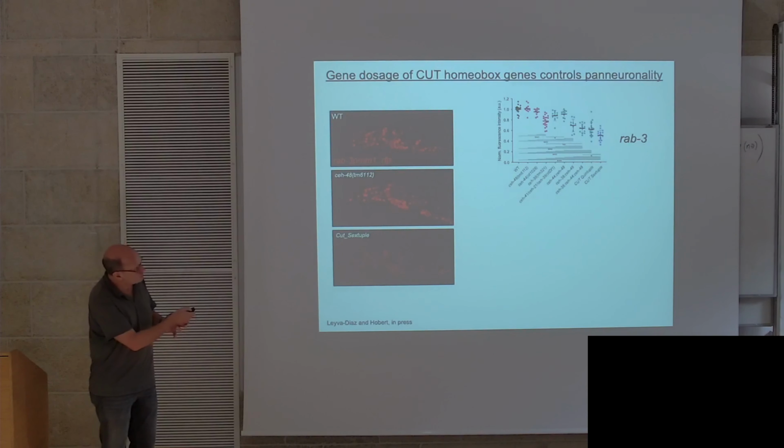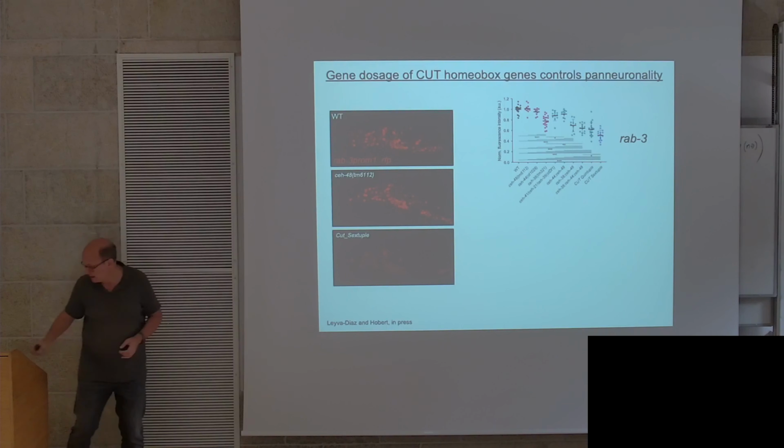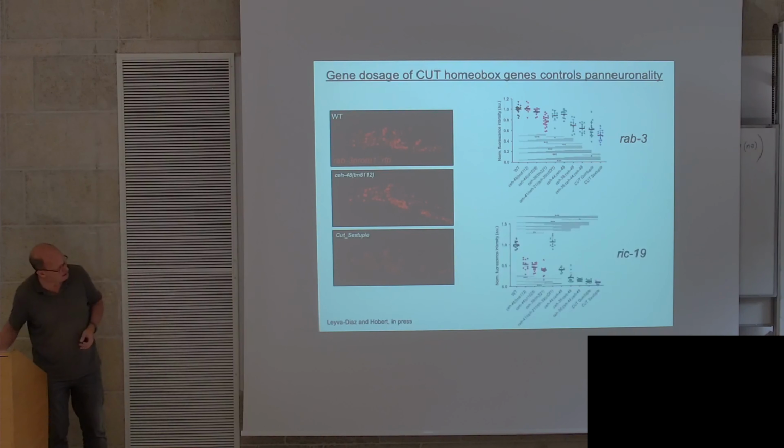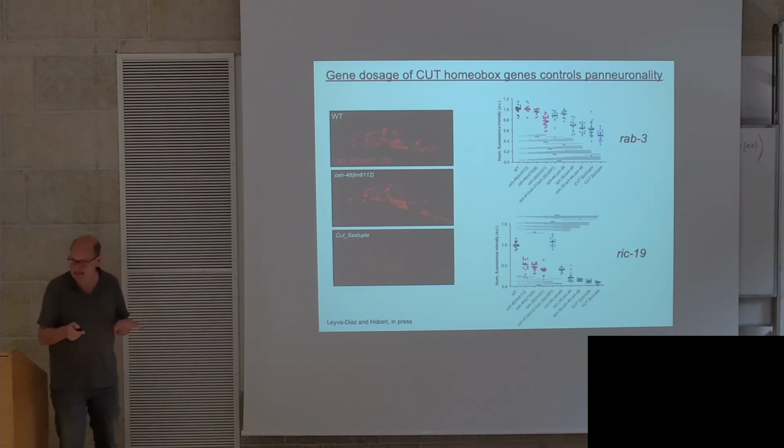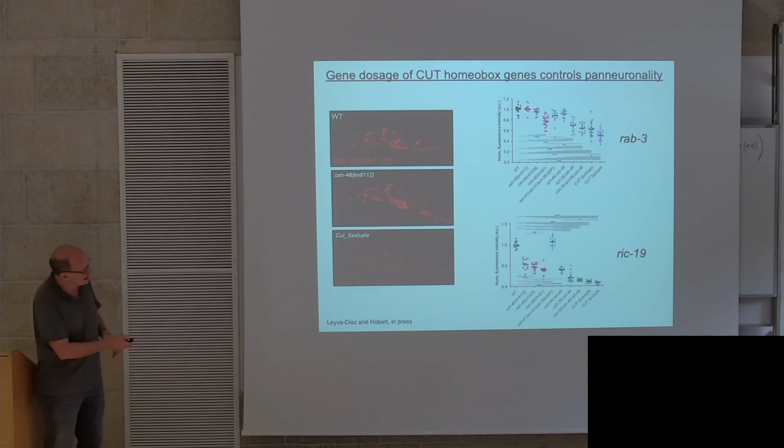But the more you remove, the more you reduce pan-neuronal gene expression. Again, this is not just shown for one gene. The quantitative details look different for different genes. In this case, there are actually some genes where individual or double mutants give somewhat of a phenotype, but the overall theme of the sextuple giving the strongest phenotype is always the same, no matter what pan-neuronal gene you look at.